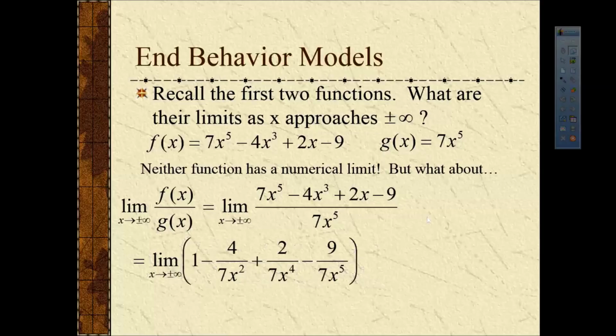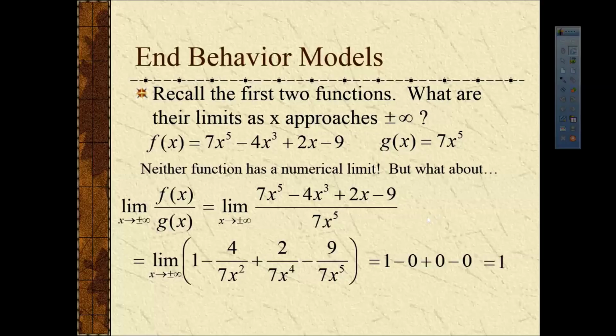The limit of 1 as x goes to infinity is 1. The limit of negative 4 over 7x squared as x goes to infinity, that just goes to 0. The remaining two fractions, if x goes to infinity, they also go to 0. So we wind up with a limit of 1 minus 0 plus 0 minus 0, or just a limit of 1.